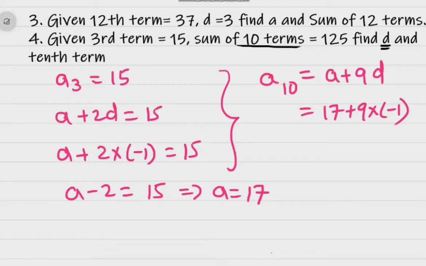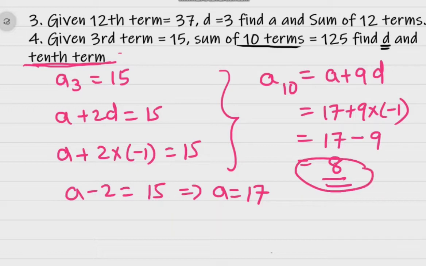So what you will get? 17, 9 into minus 1 is minus 9. So 17 minus 9 is 8. So the 10th term, which you were supposed to find, is equal to 8. The 10th term is equal to 8. And what was your D? D was equal to minus 1.